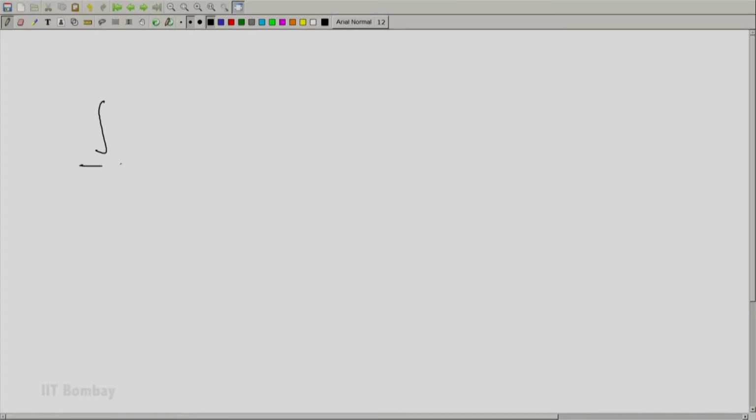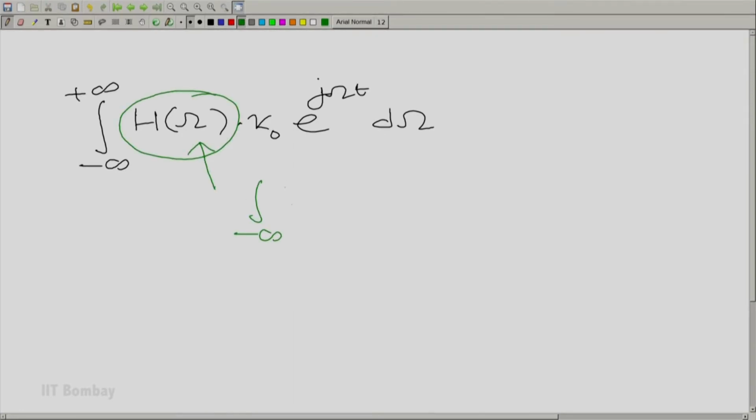Now, we have to start doing a little bit of hard work in terms of actually writing down the expression for H(omega) and then seeing what exactly needs to be done. So, let us substitute here in this expression. We have summation, rather integral minus to plus infinity H(omega) times kappa 0. We have allowed for a constant kappa 0 e raised to the power j omega t d omega, and we know that H(omega) itself can be written, I am writing that in green now, as integral from minus to plus infinity h.